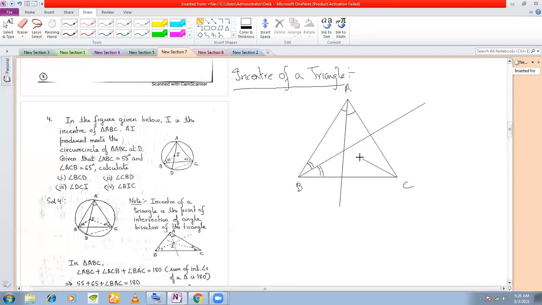And I draw the bisector of this also. And in this case, these two angles must be equal because this is the bisector, right? And I call this point, say I, the point of intersection of the bisectors. Okay, I is called the in-center.